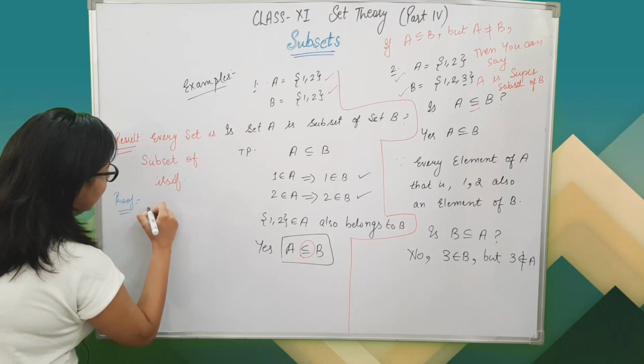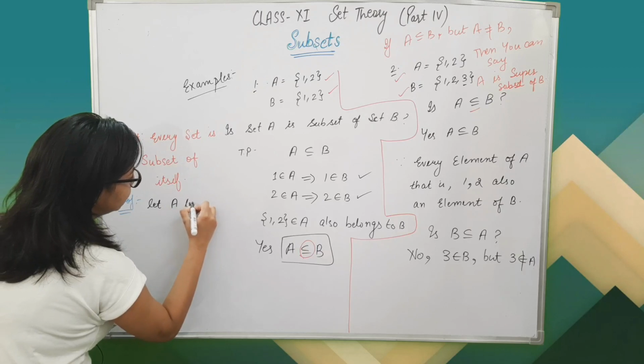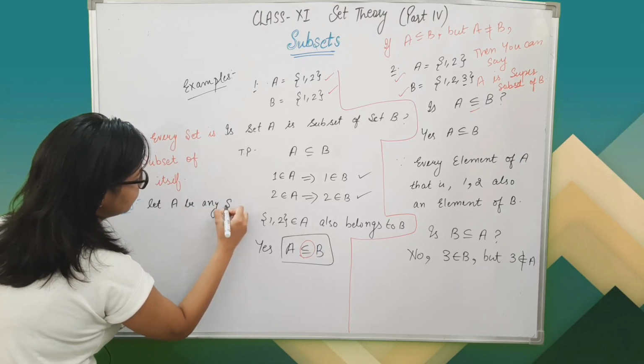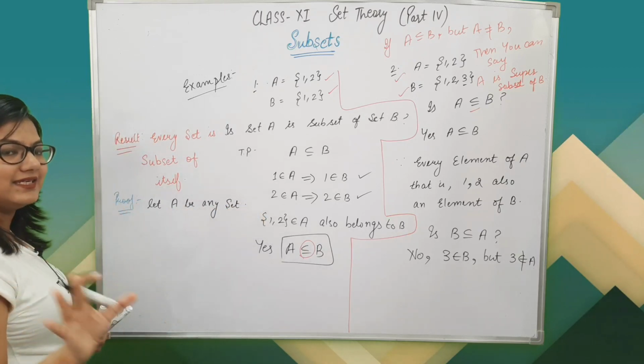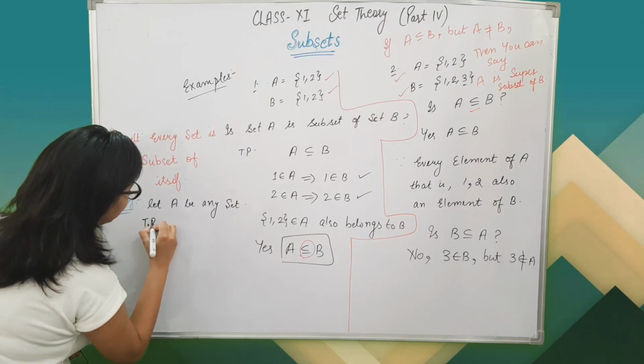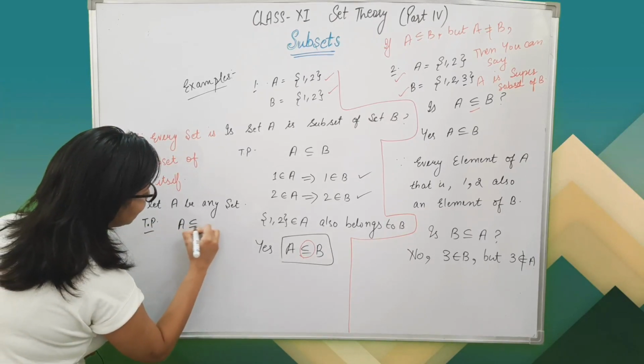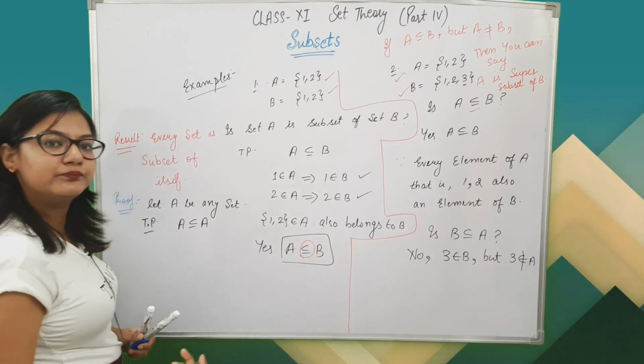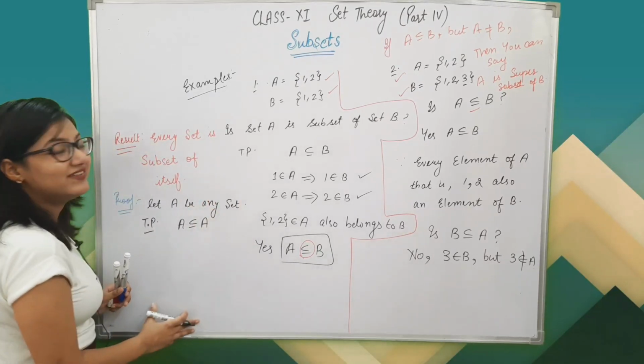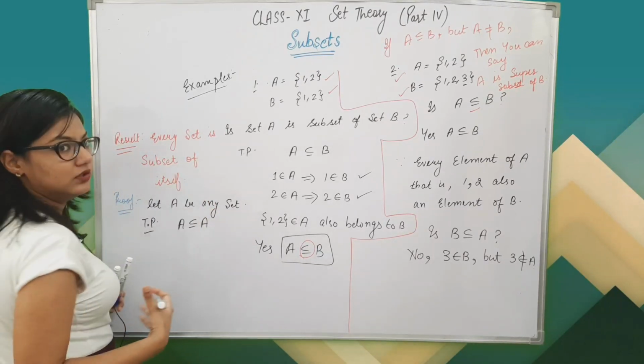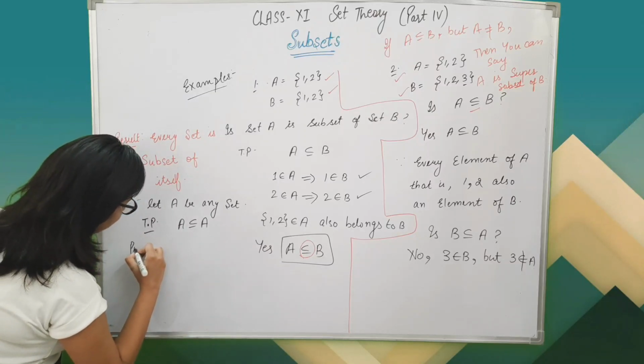So let A be any set. Suppose A is any set, so what do you need to prove? You need to prove A is a subset of A, right? So if you want to give a proof of this result, how can you do it?